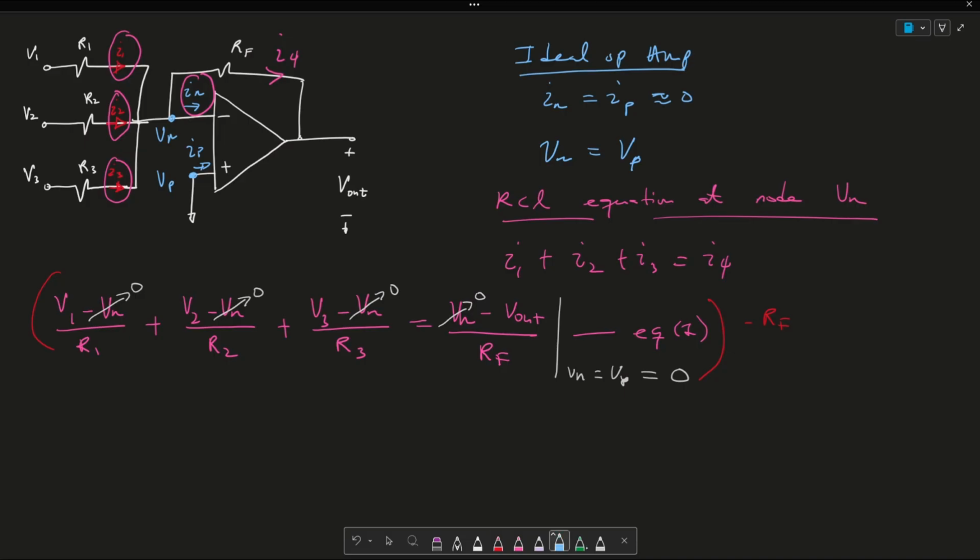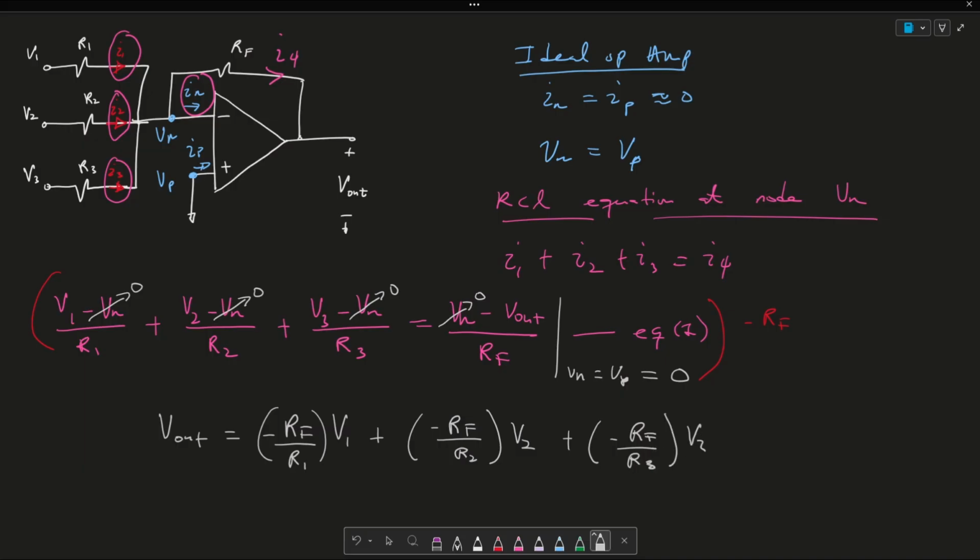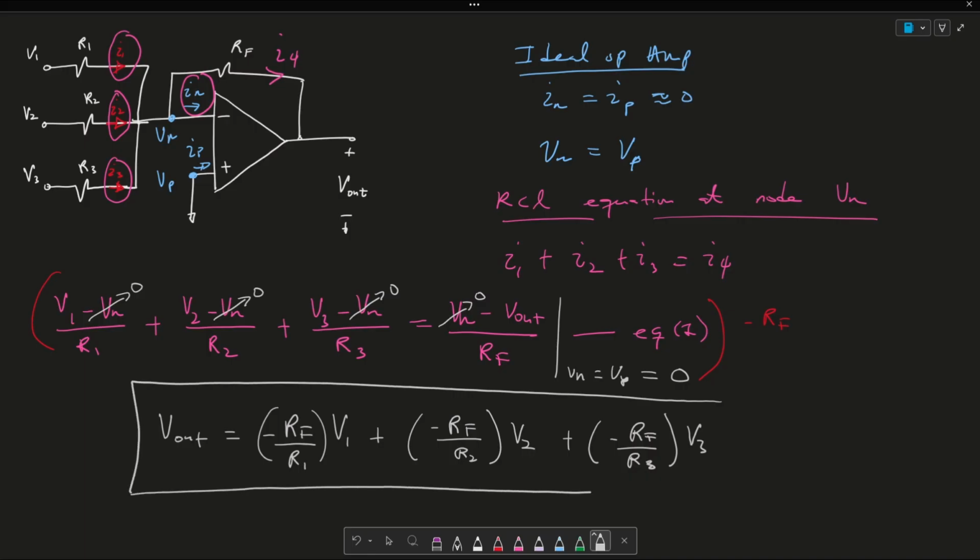And so what I get from my final equation is that Vout is equal to minus Rf over R1 times V1, plus minus Rf over R2 times V2, plus minus Rf over R3 times V3. And essentially this here is my final equation.